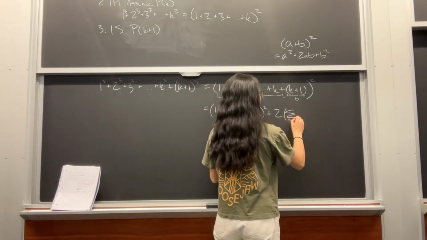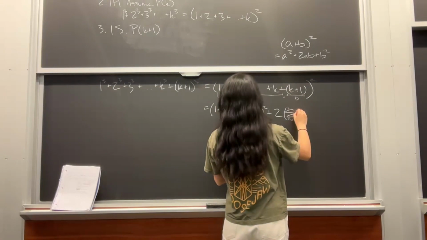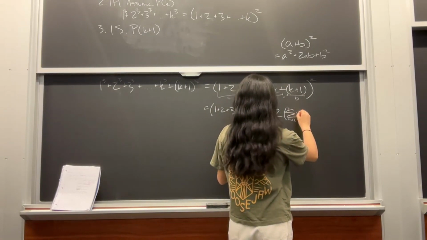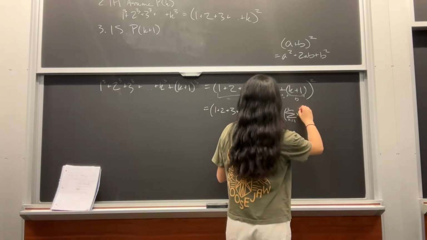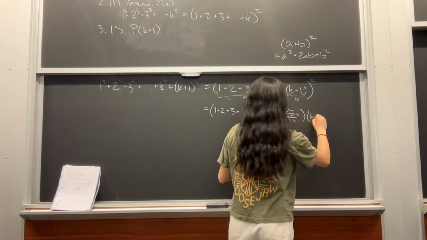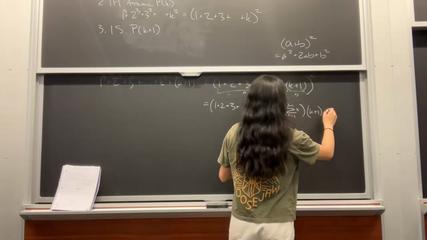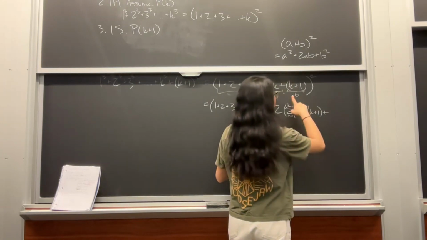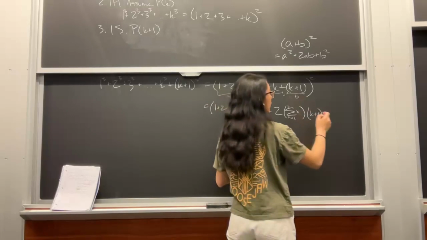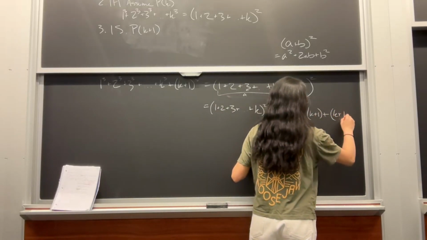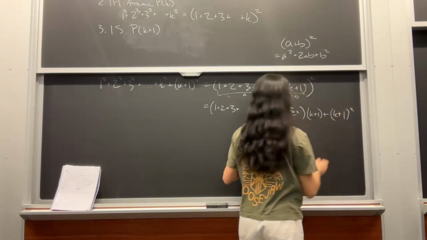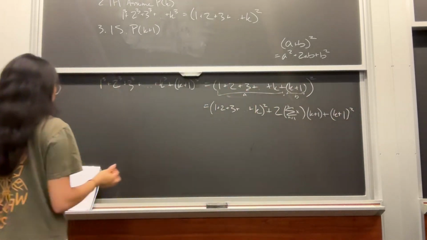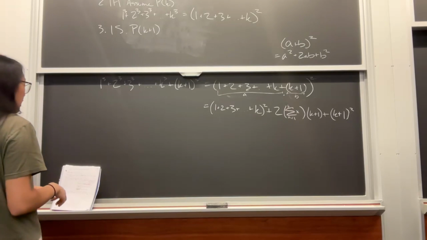We're going to say from n equals 1 to k of, call it x, times our b term, k plus 1, and then adding that b squared, where our b is k plus 1. So we're going to say (k+1) squared. So those are all equivalent statements.